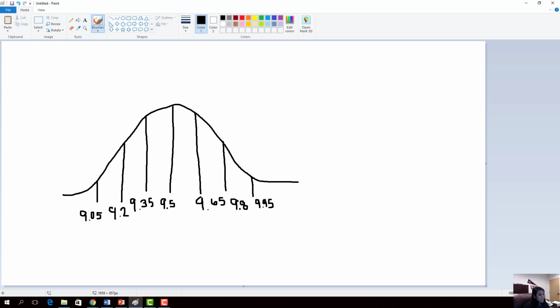And we want to know what percentage of women's size 8 shoes are greater than 9.65 inches. So what we want to know is this right here, this percentage here. From the empirical rule, we know that within 1 standard deviation of the mean, we have 68%.